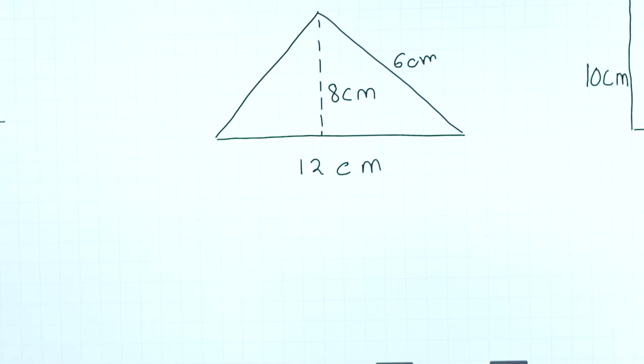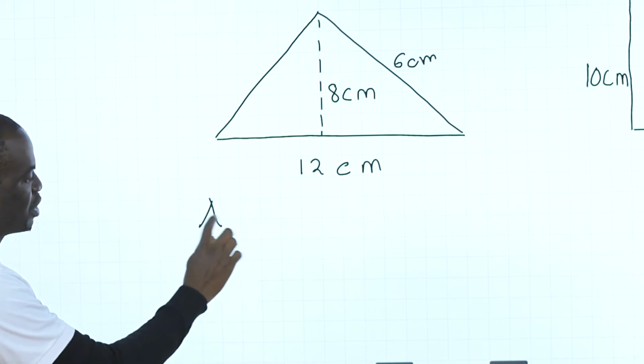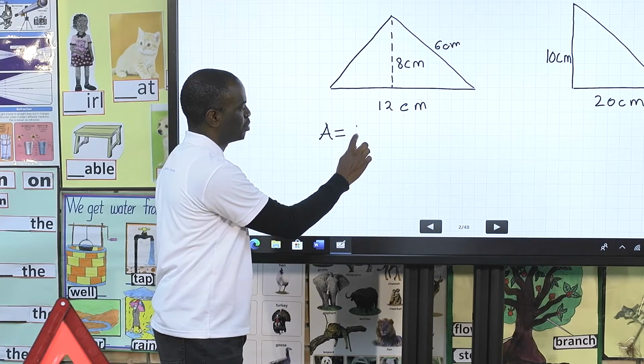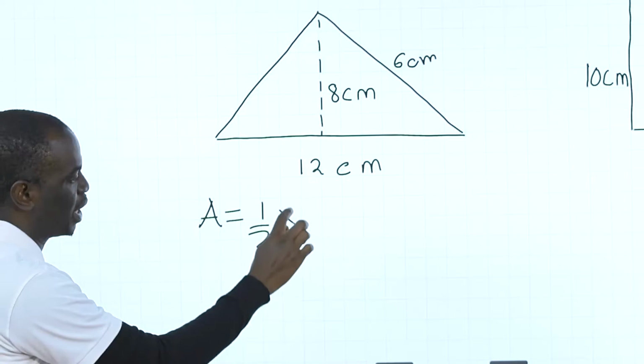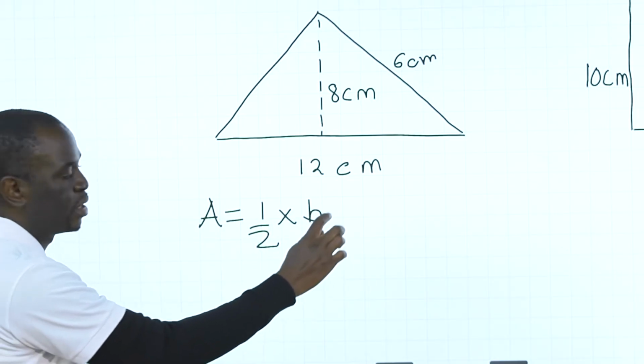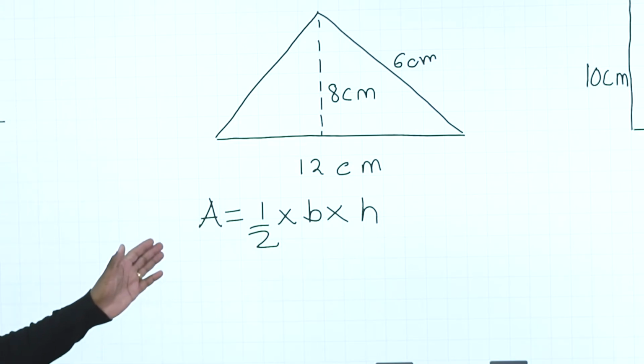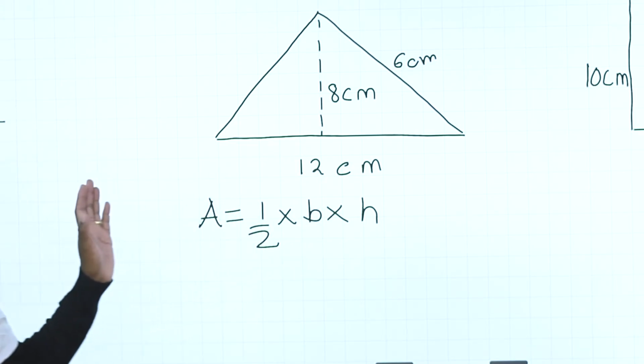So we're going to follow the same formula that we used at first, and the formula of area of a triangle remains the same. So we're going to say area will be equals to half multiplied by B multiplied by H. So when we calculate the area of a triangle, we follow this order.